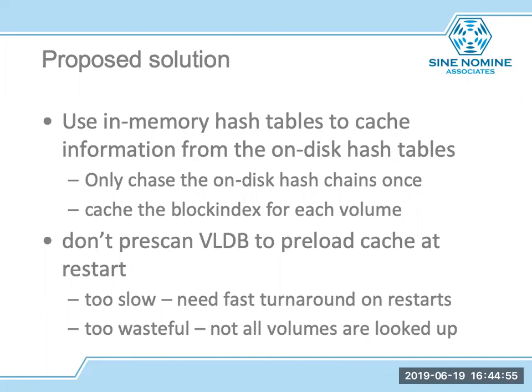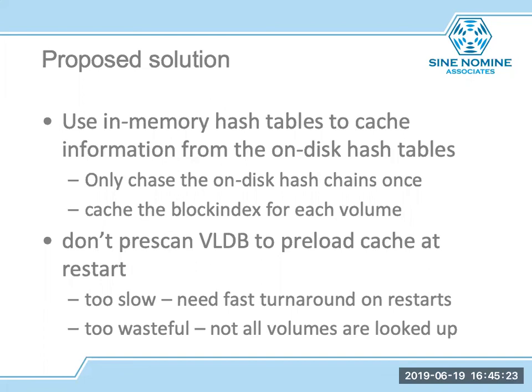But we also considered early on that it would be nice, if you have this hash table that's in memory, maybe we should just scan the whole VLDB when we come up and put everything in memory. But because there are so many volumes that it takes so long to do that I/O, that was judged to be impractical as well. If your VLserver is out or has to be bounced, we want it to be back pretty fast.